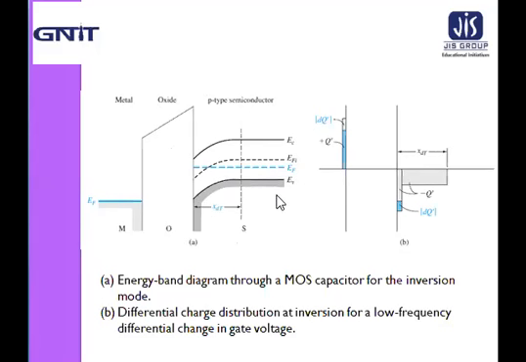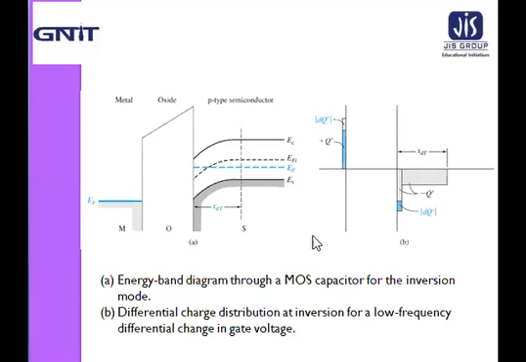For this inversion charge that responds to the change in the capacitor voltage, as shown in this figure, the capacitance will be the same as the oxide capacitance, that is COX.